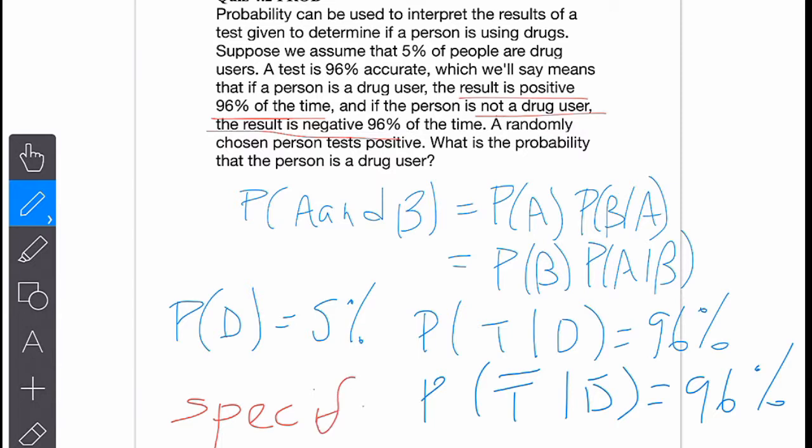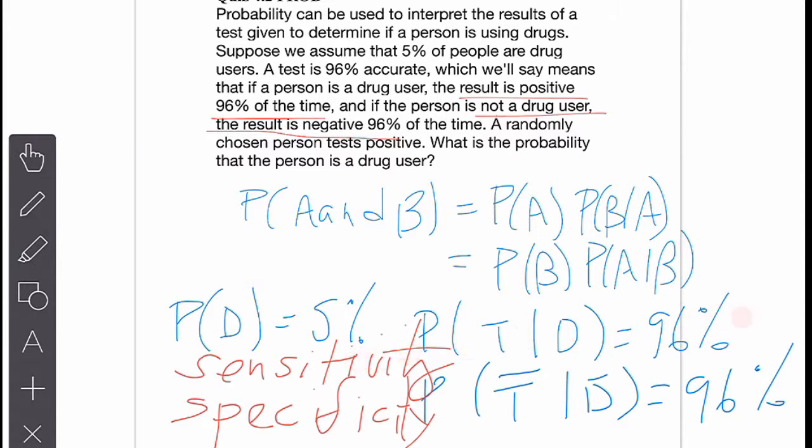You don't really need that for the test, but you need that for life. And the other one is sensitivity. The ability for the test to be sensitive enough to pick up that the person really has the disease, and the ability to detect not having the disease.